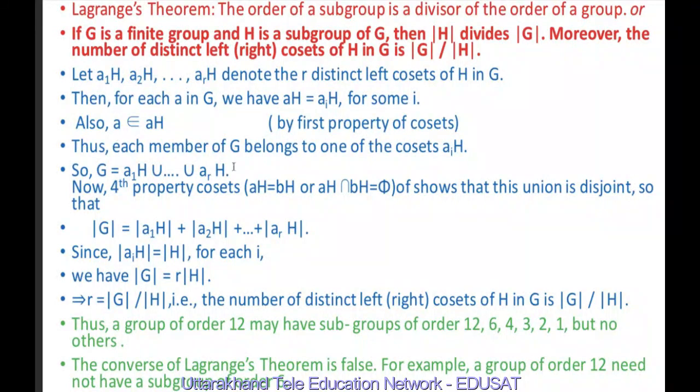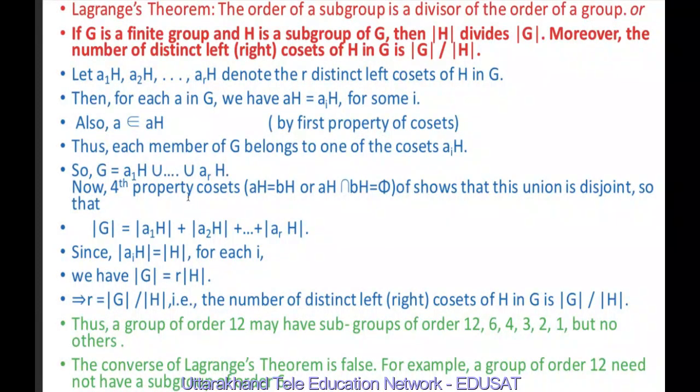Thus, each member of G belongs to one of the cosets aiH, either a1H or a2H or arH. So, we may express G as the union of these cosets: G equals a1H union a2H union ... union arH.